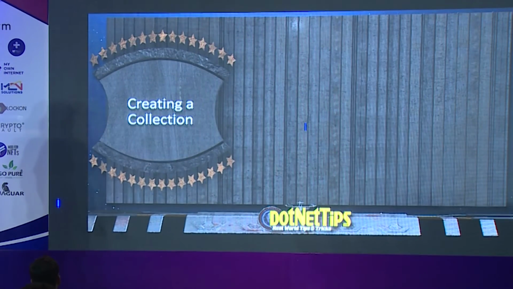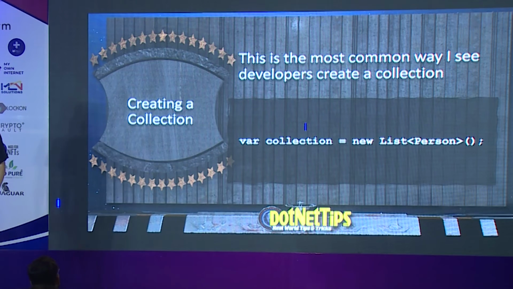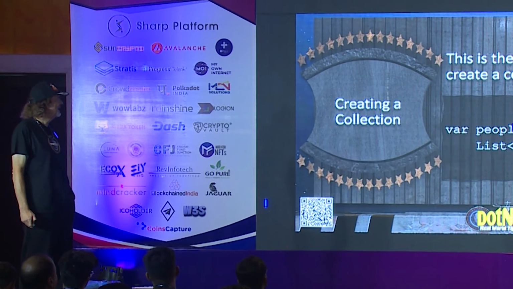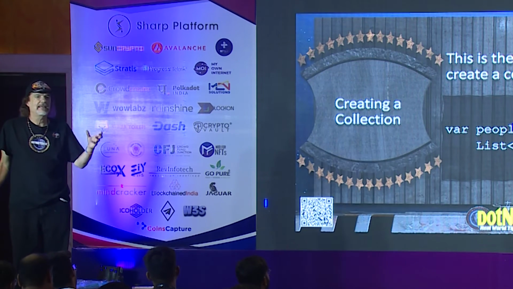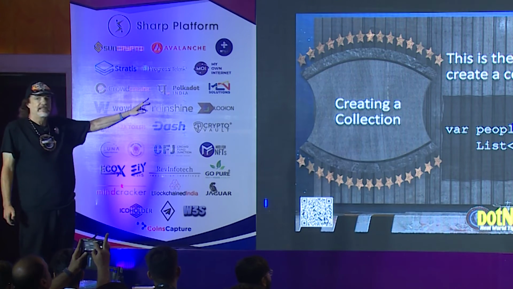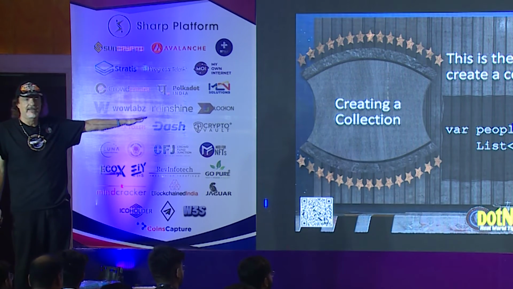So creating a collection. This is the common way I see people create a collection object. I've seen this a million zillion times. If you can, avoid this. This is the way you do it: if you know how many items are going to be in the collection, make sure you set it when you create the object, just like I'm showing you in this example.